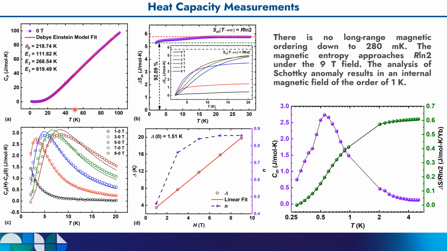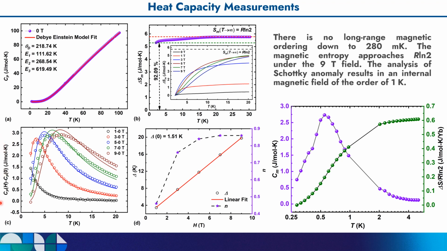Now, if you see, when we apply magnetic field, there is a Zeeman splitting, because of which we can observe a Schottky anomaly in this system, which moves in temperature with application of magnetic field.